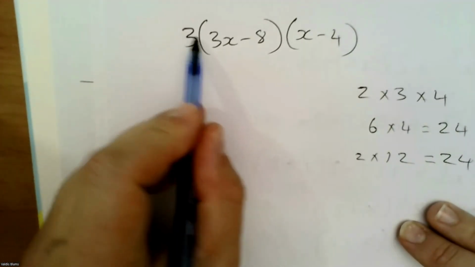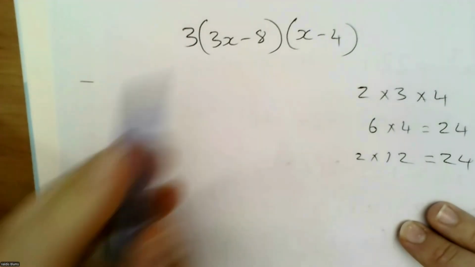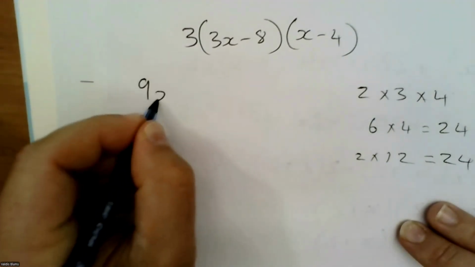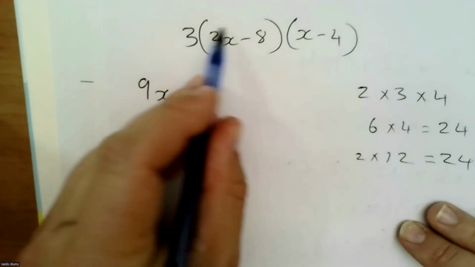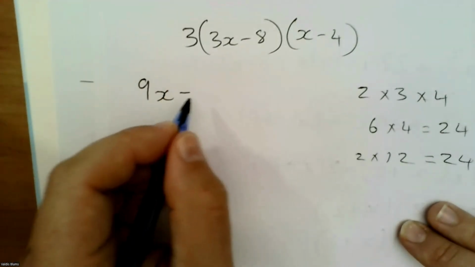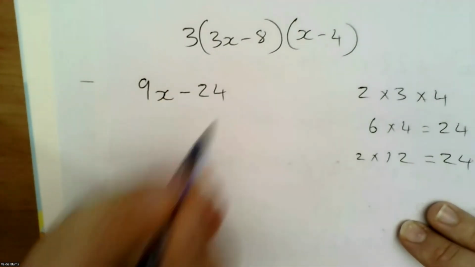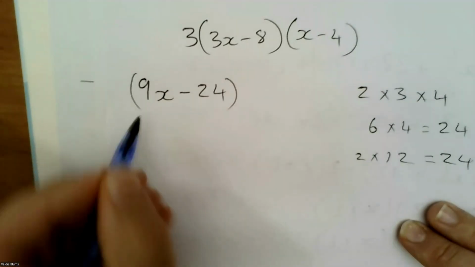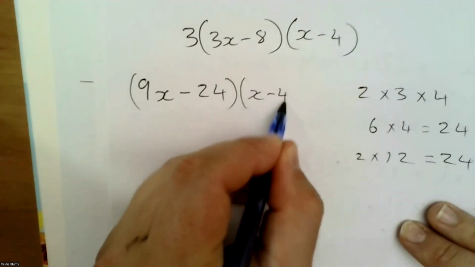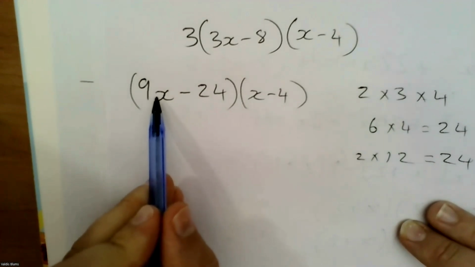So I'm just going to go left to right and expand the 3 into the first set of brackets. So 9x minus 3 times 8 is 24. And then again expand.